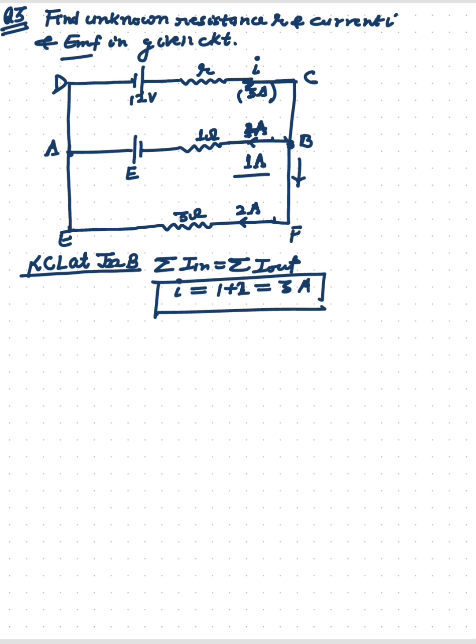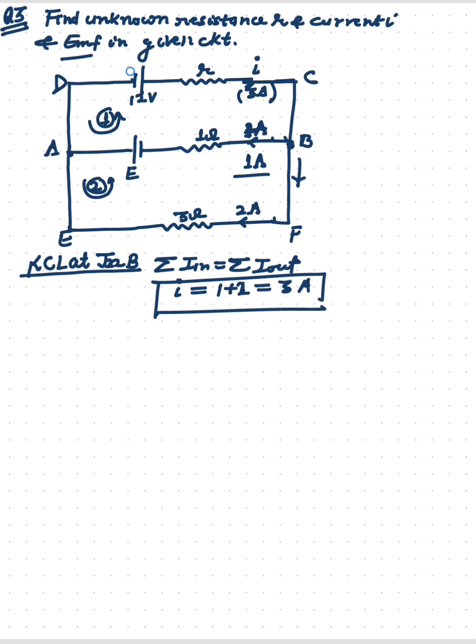Now apply KVL in loop 1 and loop 2. Okay. Assume this is loop 1, and this is loop 2, like this. Clear? So the I1 current is going this way, and this current is 1 ampere, this current is 2 ampere. Simple.